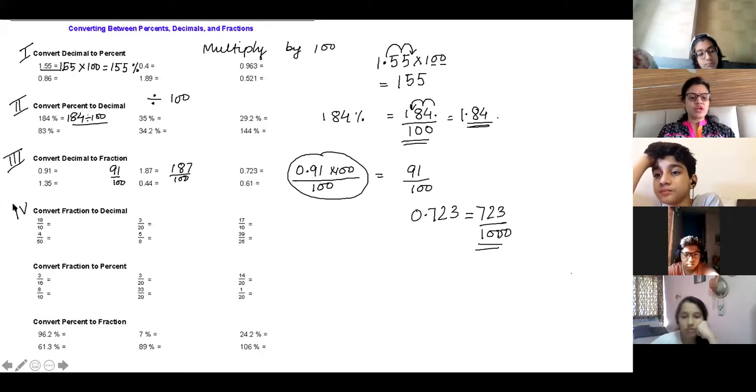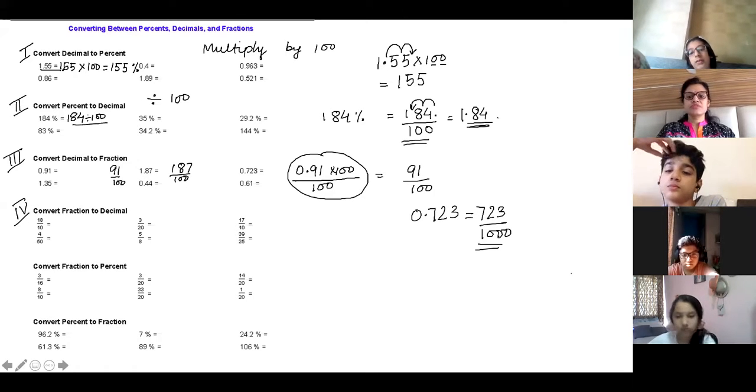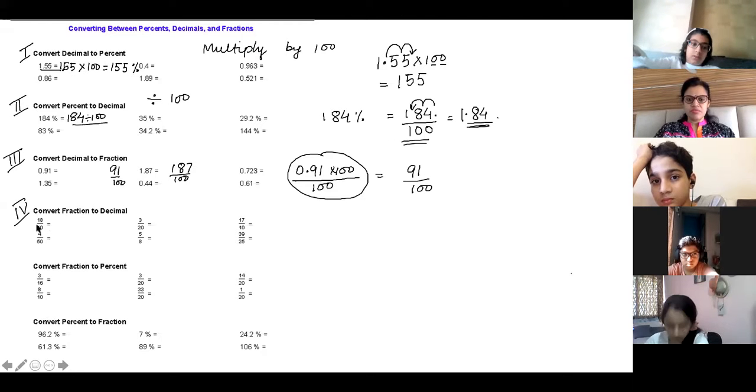Now the fourth one, convert fraction to decimal. Ma'am, we will divide the numerator from the denominator. Correct. And if you have 10, 100, 1000, you can just shift the digits. So in the first one it is divided by 10, so you can do it directly. What is it? 1.8.